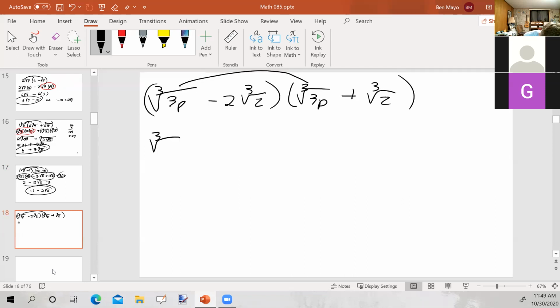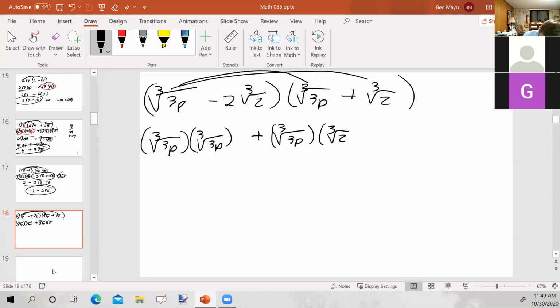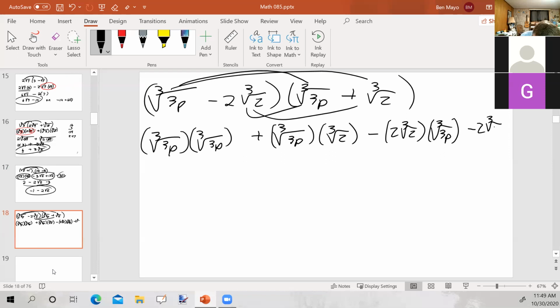The cube root of 3p times the cube root of 3p, plus the cube root of 3p times the cube root of 2, minus 2 cube roots of 2 times the cube root of 3p, minus 2 cube roots of 2 times the cube root of 2.